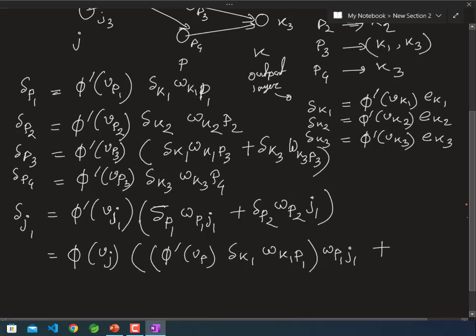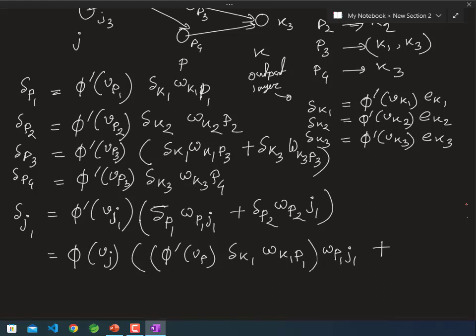Delta P2 can be rewritten as phi prime of V P2. The subscripts need to be clearly defined, P2, and let's rewrite the plus equation in this manner.